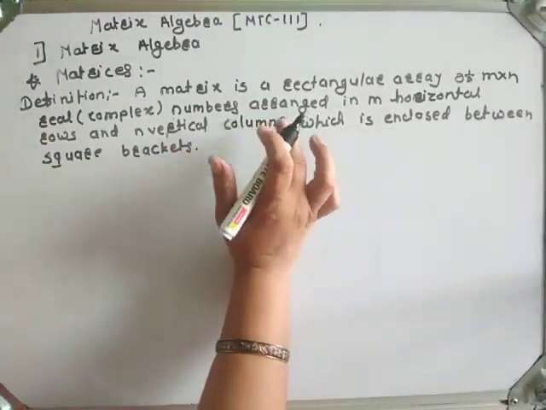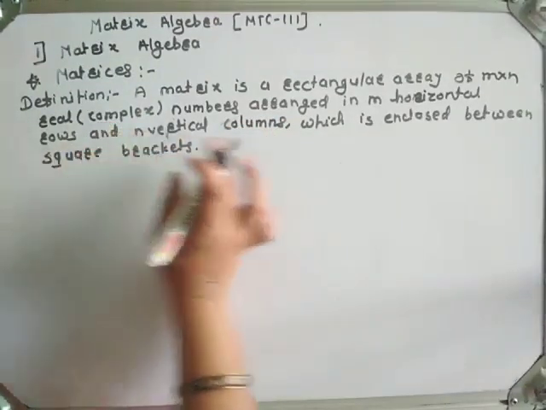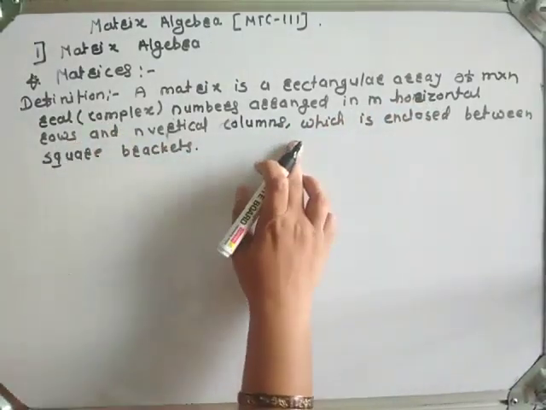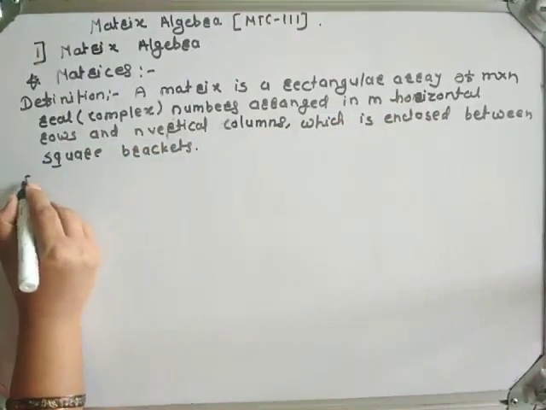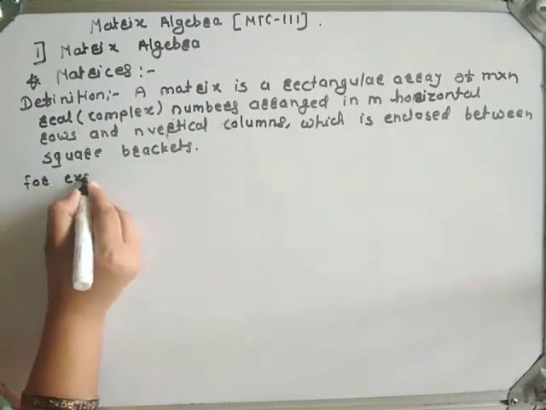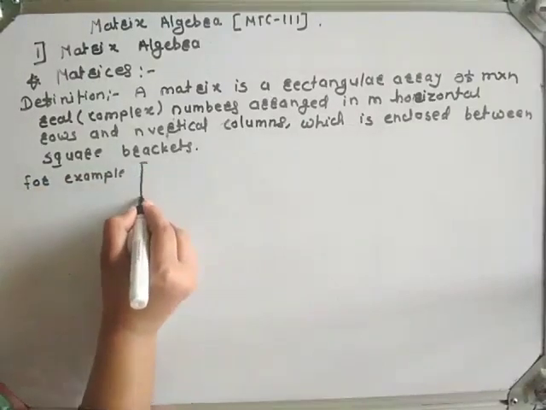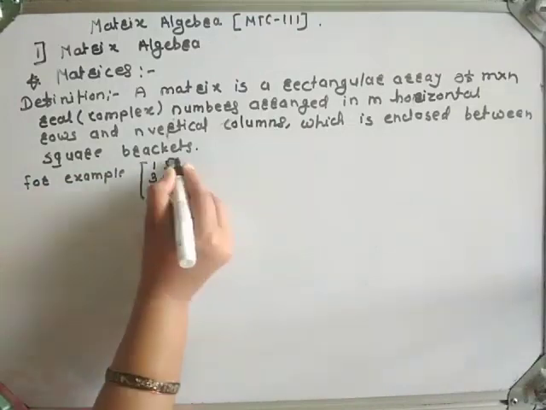A matrix is a rectangular array of m by n real or complex numbers arranged in m horizontal rows and n vertical columns, which is enclosed between square brackets. For example, 1 5 3 0 2 1.